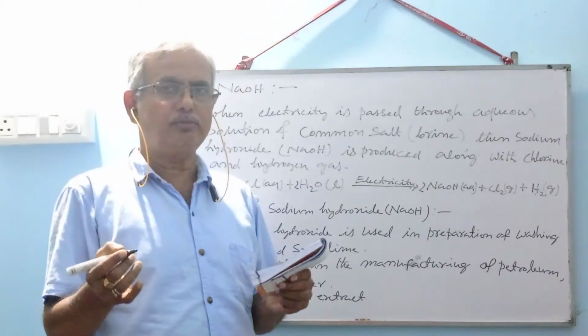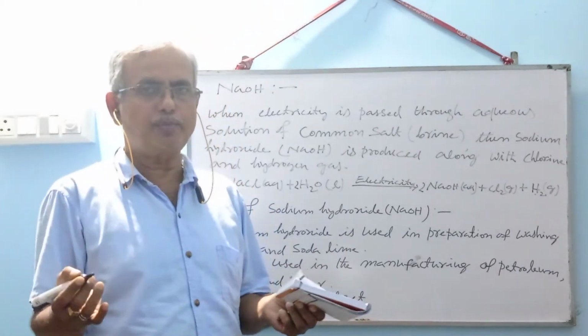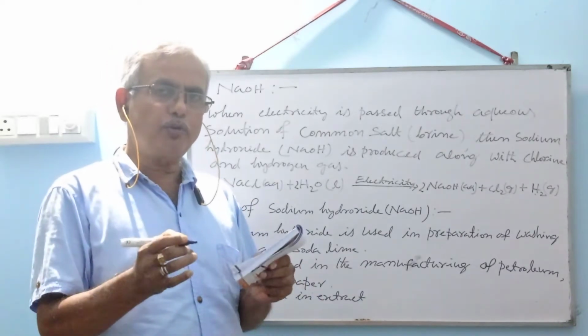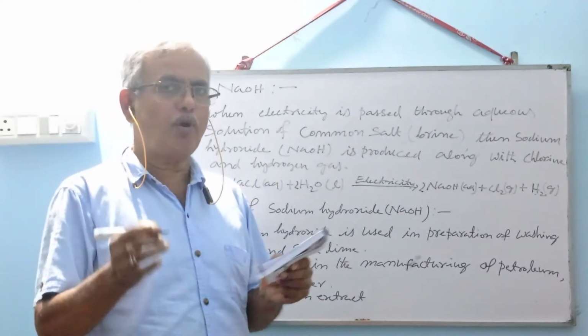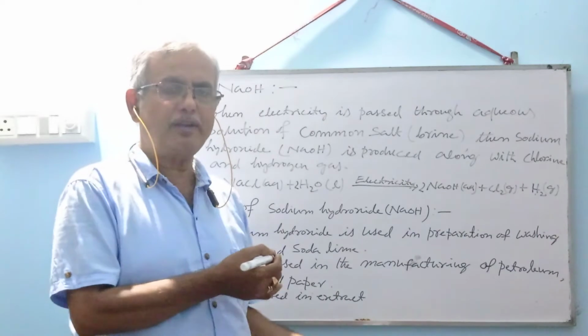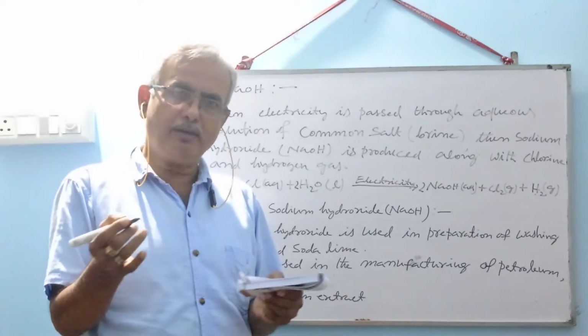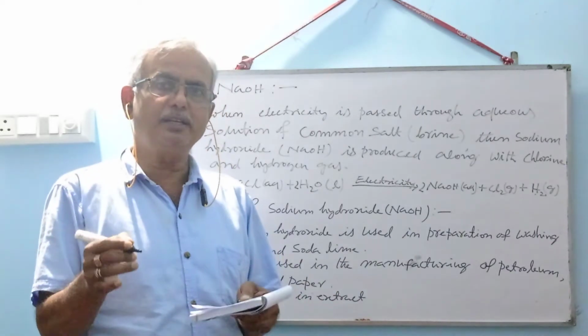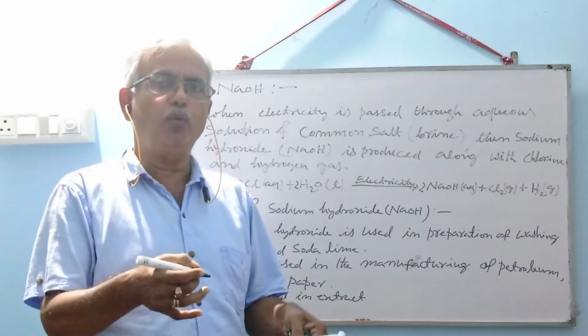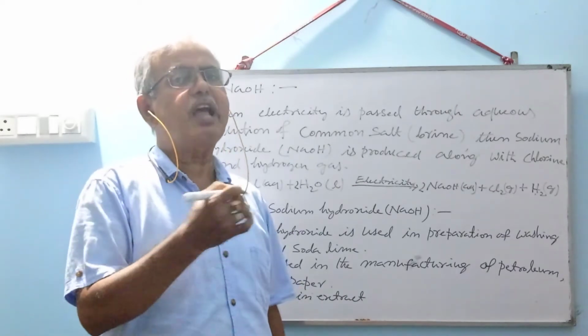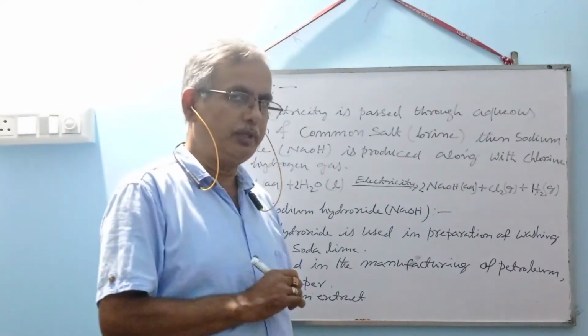Bauxite contains several types of impurities. So first of all you purify the bauxite ore with the help of sodium hydroxide, and when the bauxite ore is purified, after that from that ore we are extracting the metal aluminium.